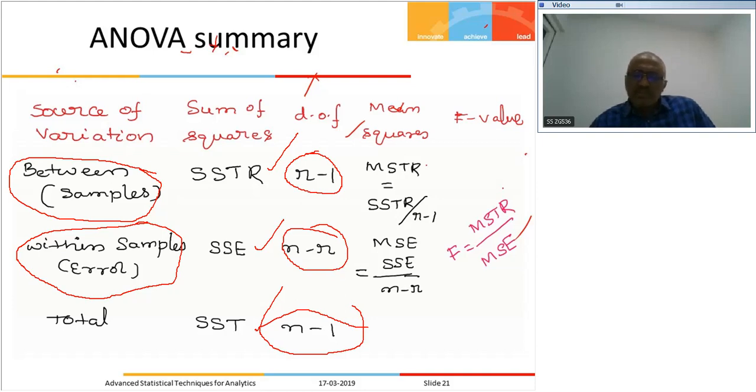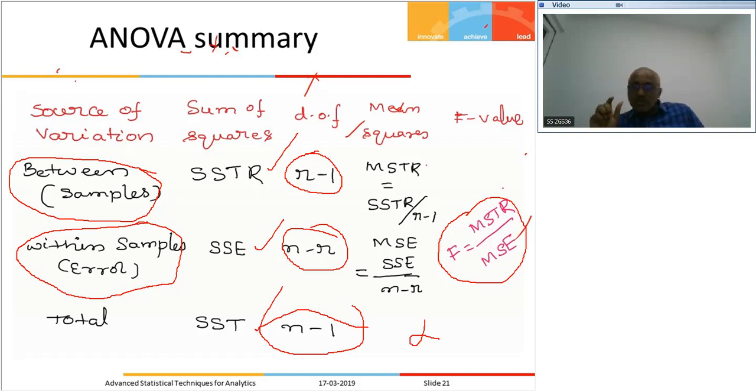This is the distribution we are going to have: MSTR, mean square treatment, and MSE, mean square error. So next, for a given or selected level of significance, we have to take the help of the F distribution table.